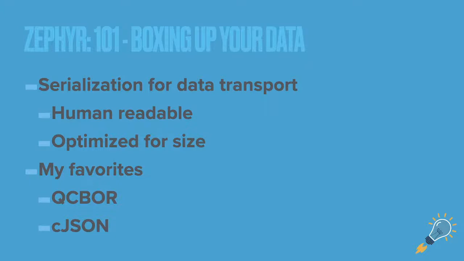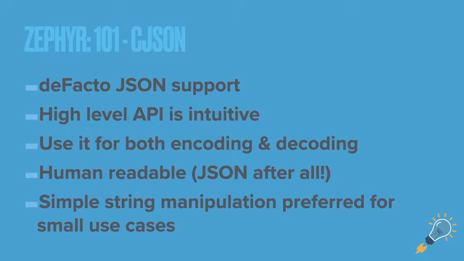cJSON is the de facto JSON support in most embedded worlds. I'm sure there's other ones out there, but this is the one on Zephyr. It's included, so all you have to do is enable it using your project configuration. The high-level API is intuitive, so you don't really have to do a lot of guesswork.